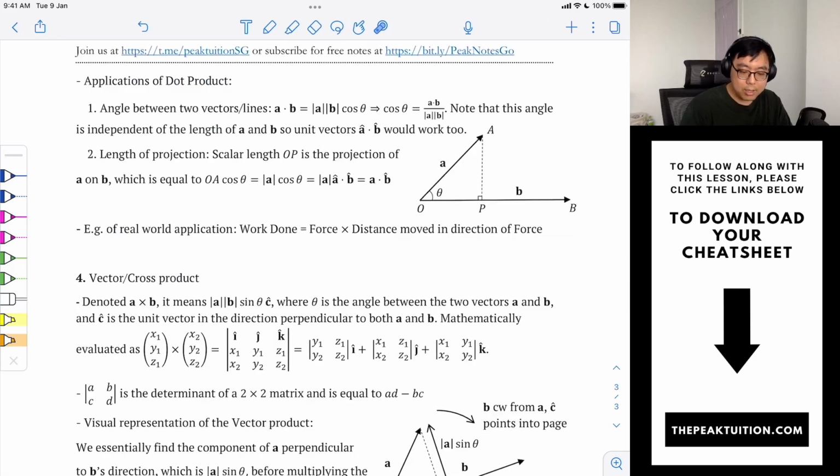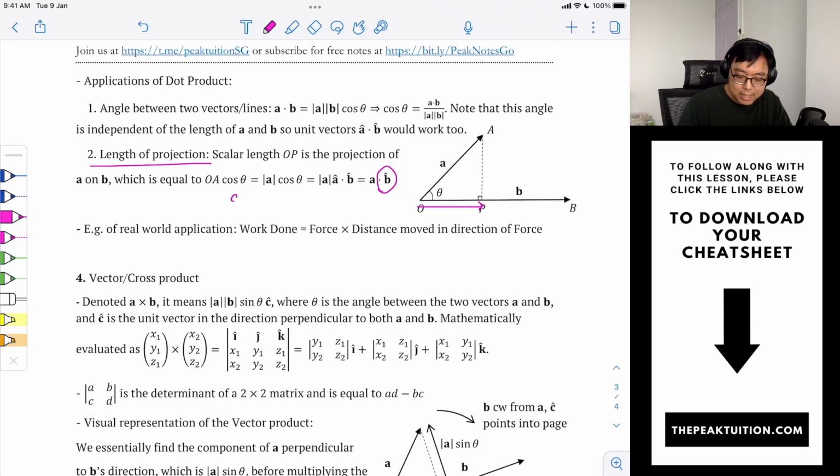For applications, I think I briefly mentioned it just now. It can tell us the length of projection, right? So it can tell us how much of the component of one vector is in the other. This is called the length of projection. Of course, to find the length of projection, we must divide by the magnitude of the other vector, which is why we write in terms of its unit vector in this case.